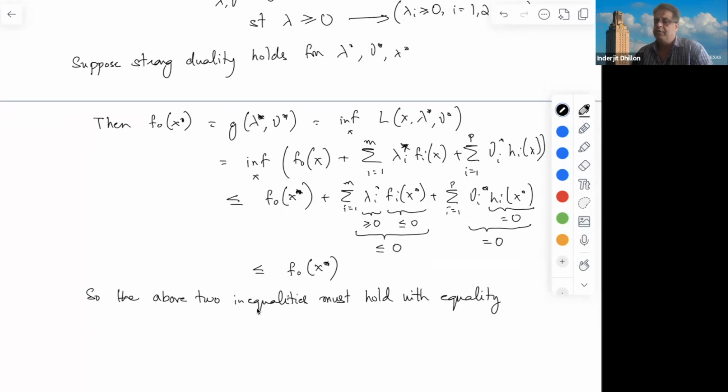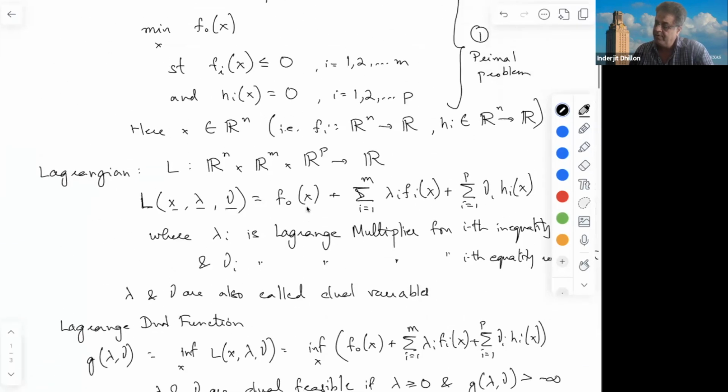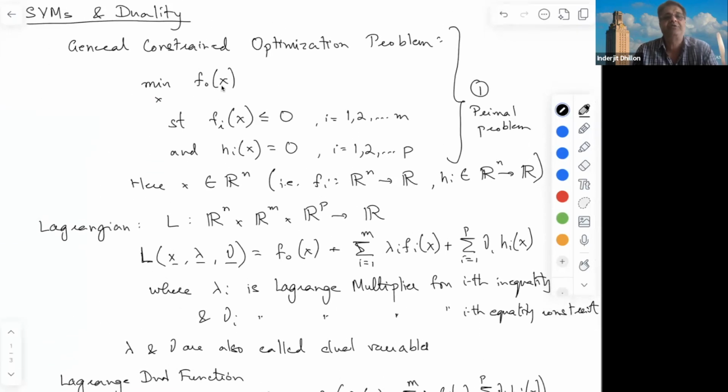Okay? So what does that imply? The first inequality says that x star must actually be a minimizer of this. Remember, that is a little bit subtle, right? Remember, x star was a solution to this constrained problem.